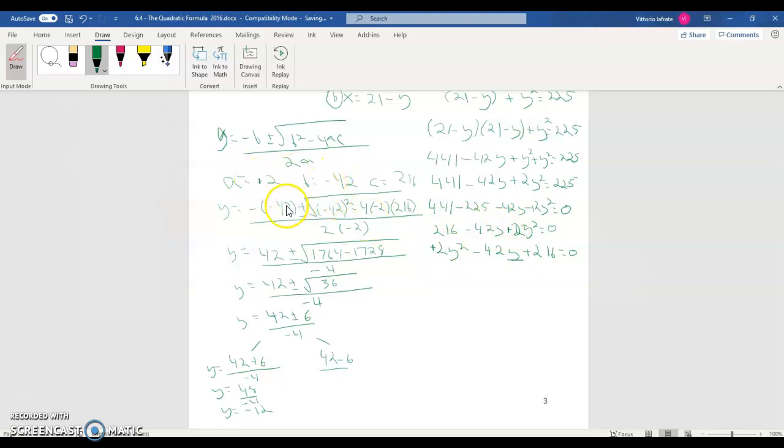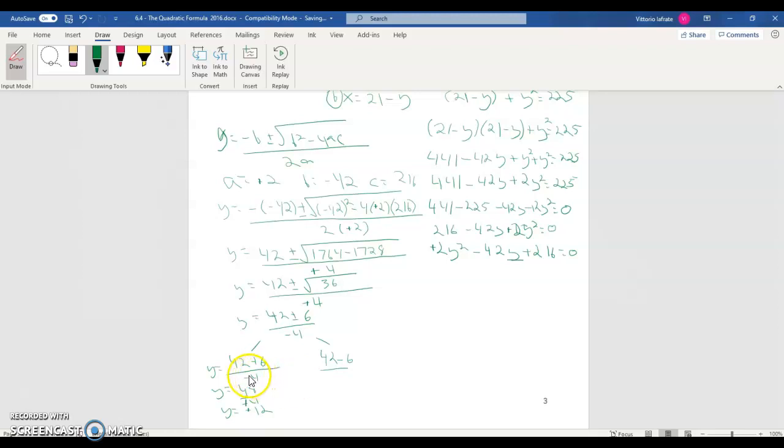See, sometimes just a little mistake like that, and I saw that both my answers would be negative, and that wouldn't make sense, so that's why I went back to double check. So we have positive 2 here, positive 2 here. So that would make this positive 4, and then positive 12 here.